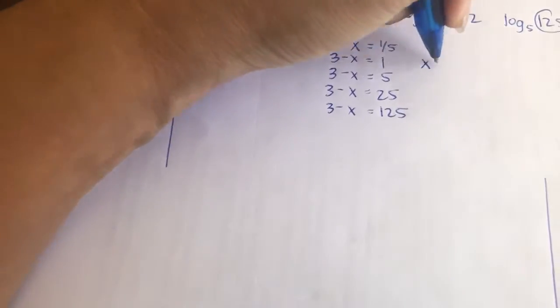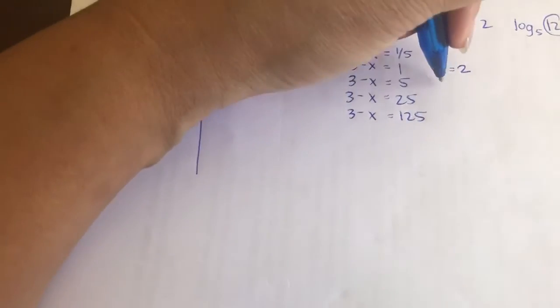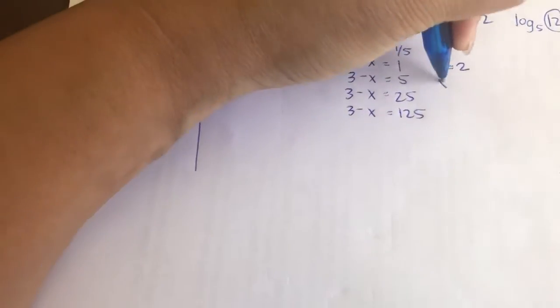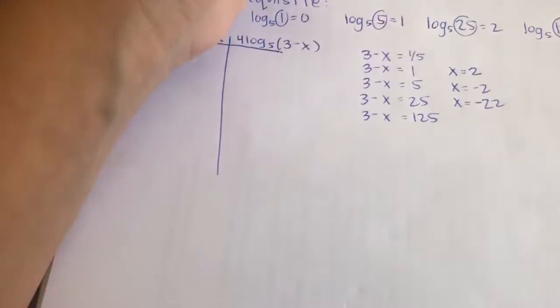If I subtract 3 from 1, I would get -2, and dividing by negative gives +2. For 5, subtracting 3 is 2, and dividing by negative is -2. For 25, subtracting 3 is 22, divided by negative is -22. For 125, subtracting 3 is 122, divided by a negative is -122.